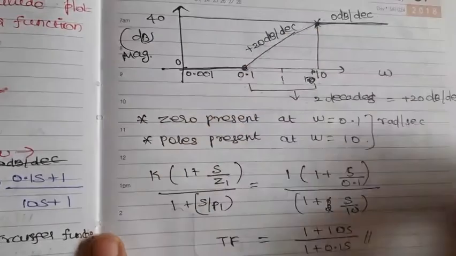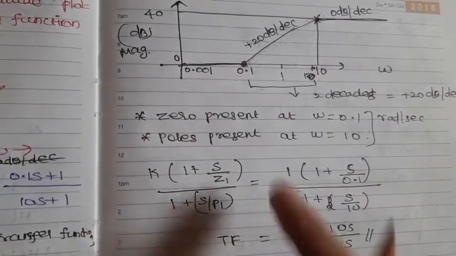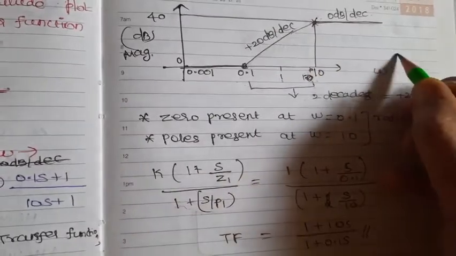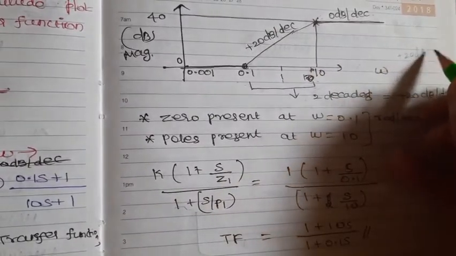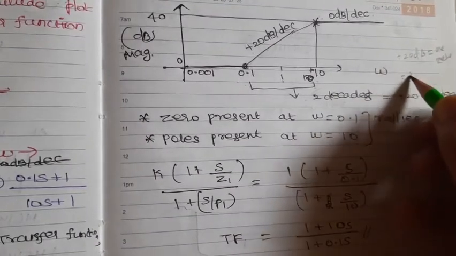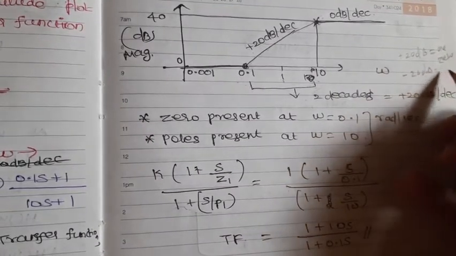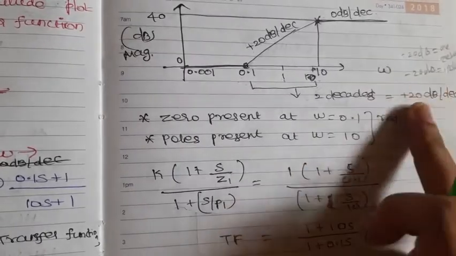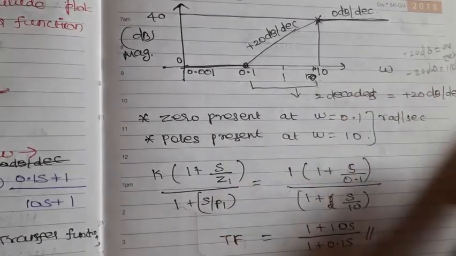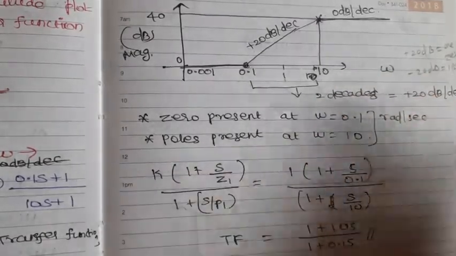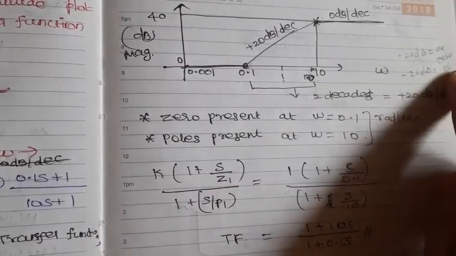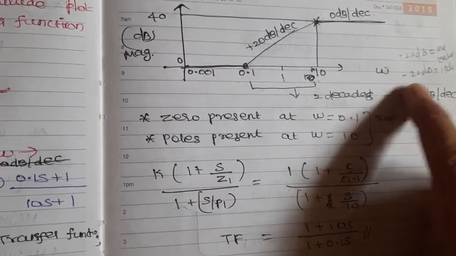Rising slope means plus 20 dB per decade, which represents 1 zero. Minus 20 dB means 1 pole is present. Plus 40 dB means 2 zeros, plus 60 dB means 3 zeros. Whenever a positive sign comes, it represents the zero location. Then minus 20 dB represents pole location.